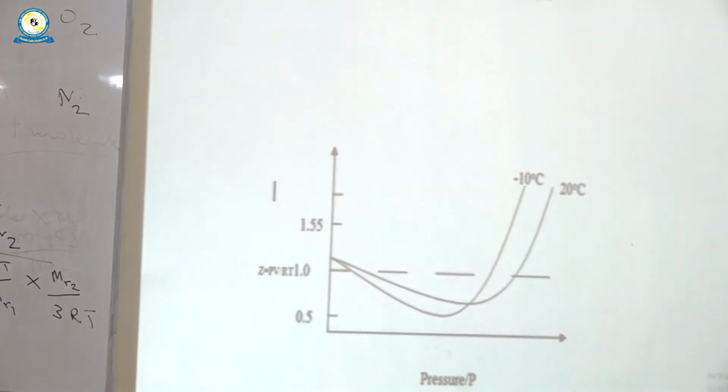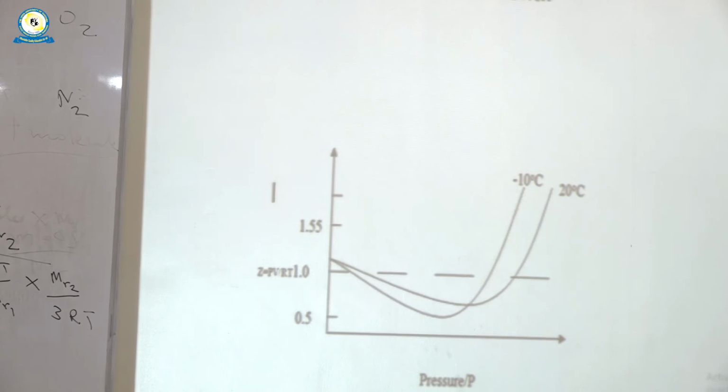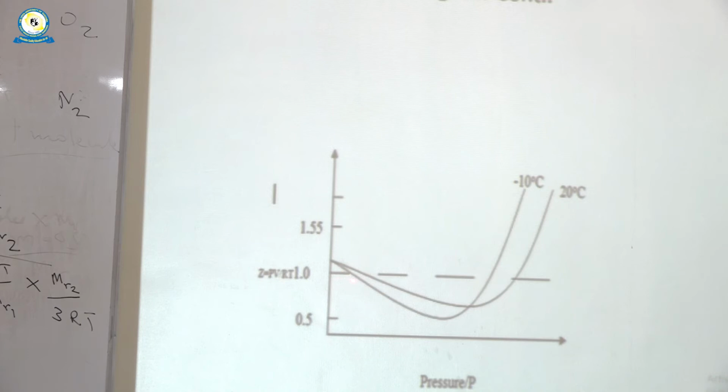That is, no variation as the pressure increases, the product remains constant, so you have a graph like that. But it was not like that.